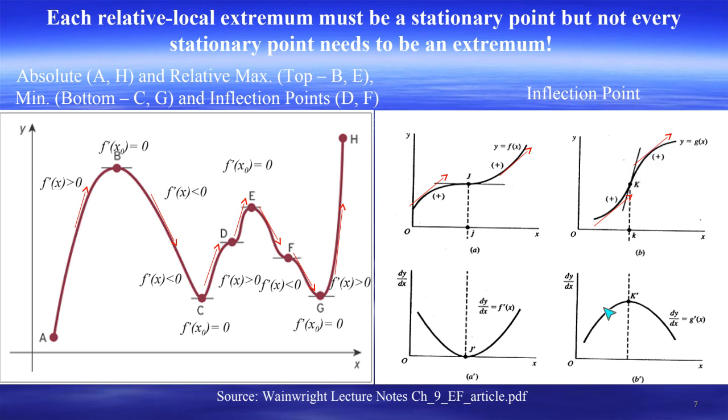It becomes less positive. So it makes this curve, the first derivative. So you see, this is an inflection point as well. And at an inflection point, we don't always have to have the first derivative 0. All right. The second derivative will be 0, as we will learn afterwards.